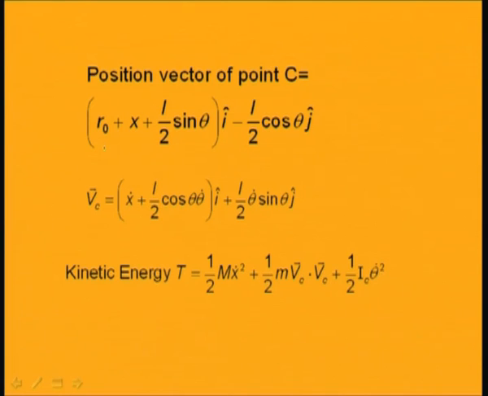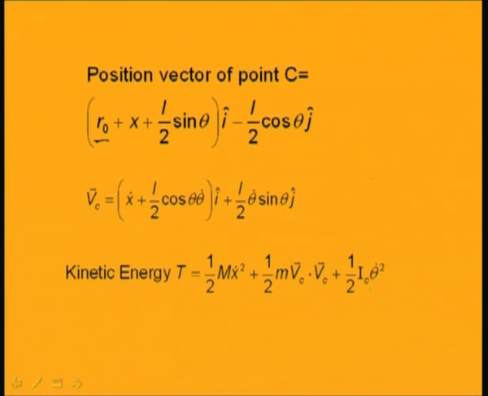From this, by differentiating the position vector you can find the velocity of the mass center. So Vc will be equal to, if you differentiate this, this part is constant, x dot plus L by 2 cos theta theta dot i plus L by 2 theta dot sin theta j. The kinetic energy, as I told you, is equal to half m x dot square plus half m Vc dot Vc plus Ic theta dot square.